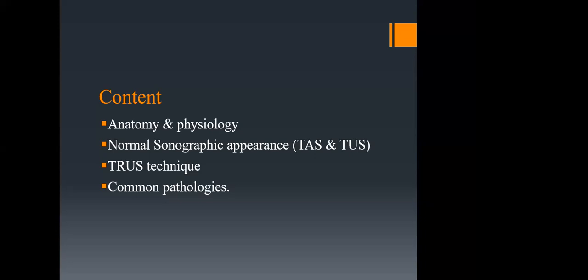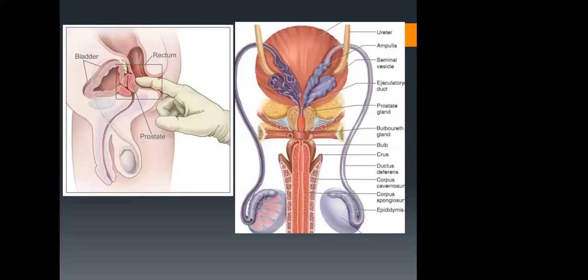Now, at least we all know where the prostate is located. It is posterior and inferior to the urinary bladder. And its basic function, along with the accessories, is that the prostate gland basically produces fluid.